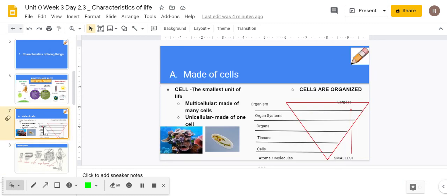Okay, so again, going back to that last slide, when we have a complete multicellular organism, it is made up of many different layers. If we were to break down those layers, we would see that the organism is made up of multiple organ systems. Those organ systems are made up of multiple different organs.